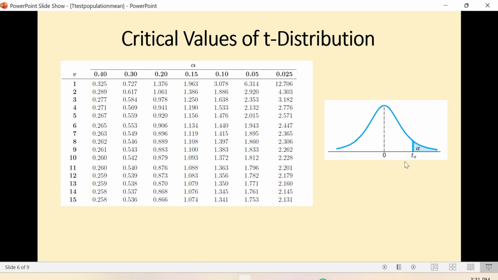Then we compare it with the predefined alpha level. If this probability is smaller than alpha, then we also reject the null hypothesis that the population mean equals mu.